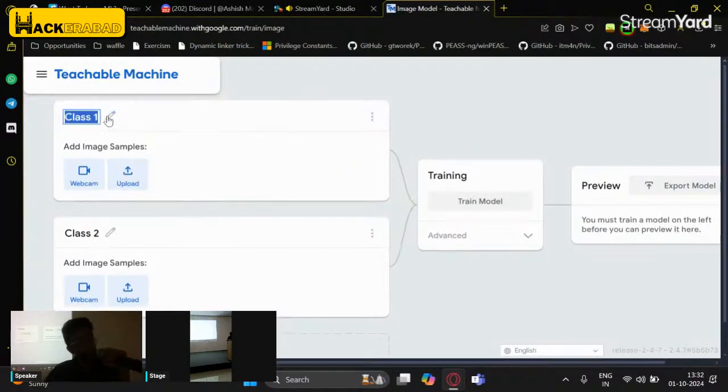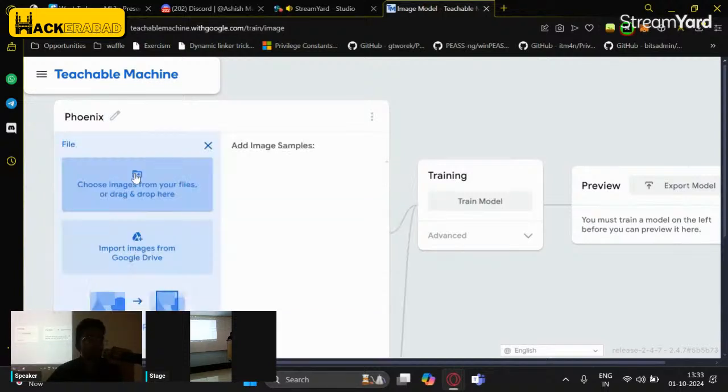My first class will be Phoenix. Have you ever heard about the bird named Phoenix? Fire Phoenix. Basically, if it dies, it will be reborn from its ashes again.